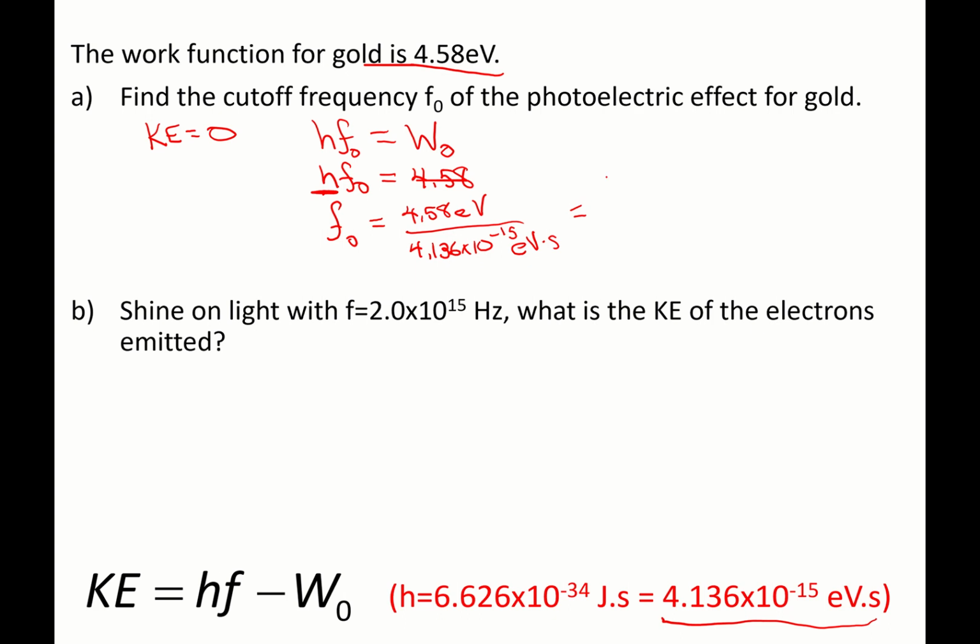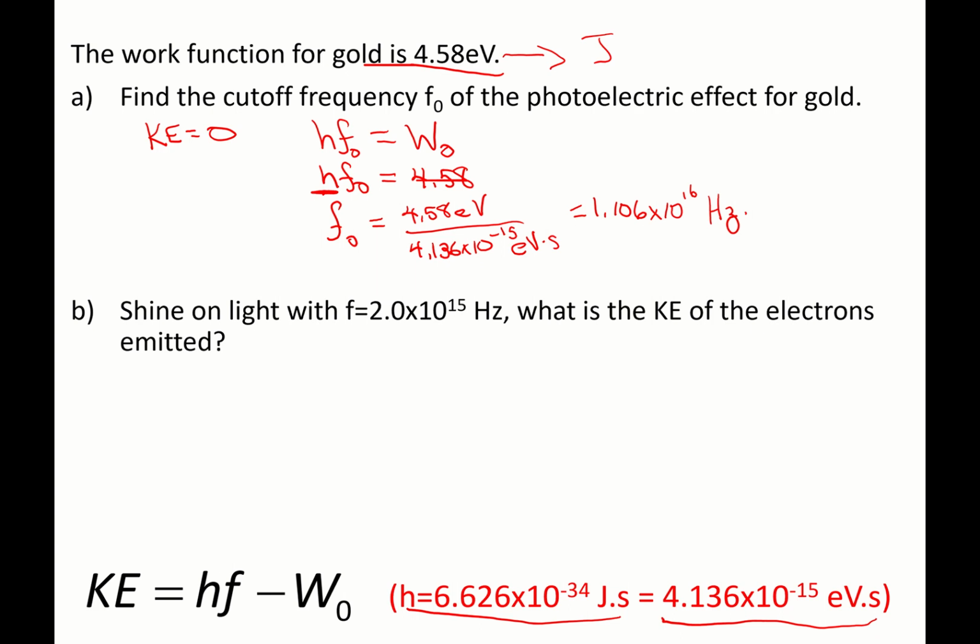And so then I get a frequency of 1.106 times 10 to the 16 hertz. Okay. Alternatively, you could take that energy in electron volts, turn it into joules, and use the value for Planck's constant in joule seconds. You'll be given both of these on the equation sheet on a test, so you'll be able to use whichever you want.